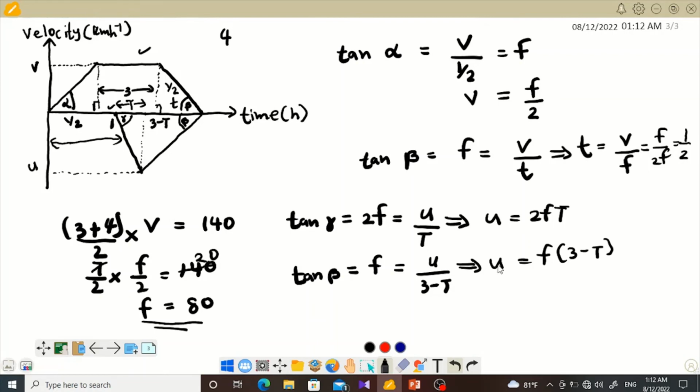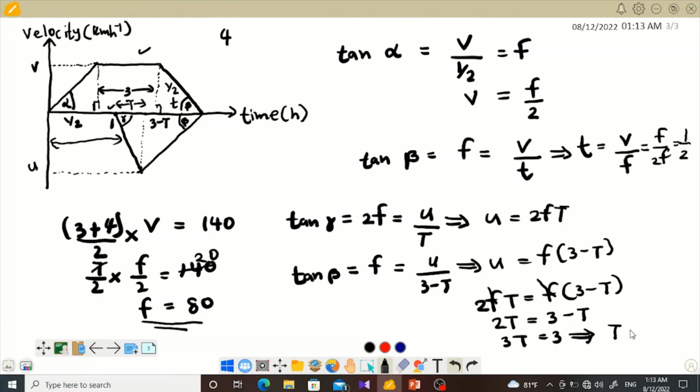Then we have two equations for u. So we can equate these two equations, because we get both for u. By equating them I can obtain 2fT equals f into 3 minus T. Then I can divide by f, then expand: 2T equals 3 minus T, then minus T comes here, 3T equals 3, which means we can divide the equation by 3 and obtain the value for T as 1.